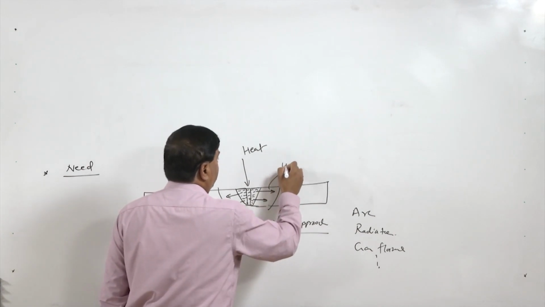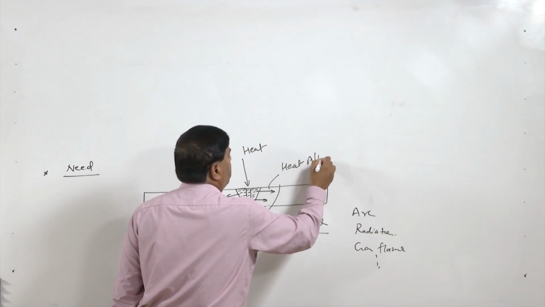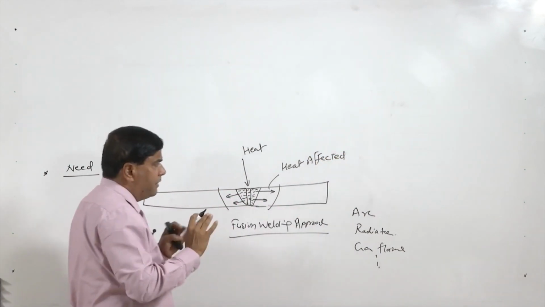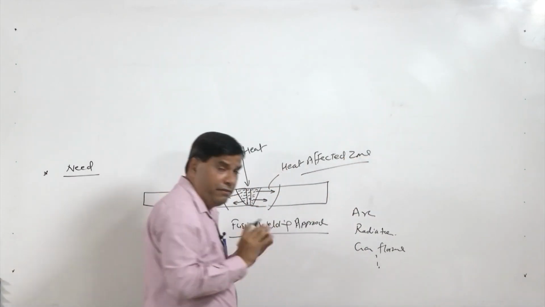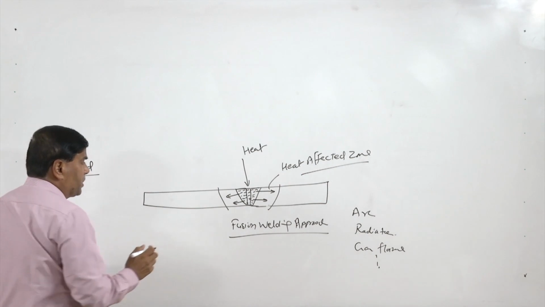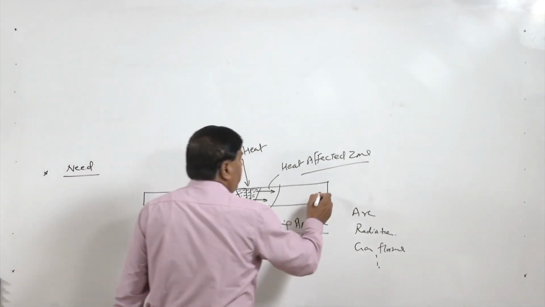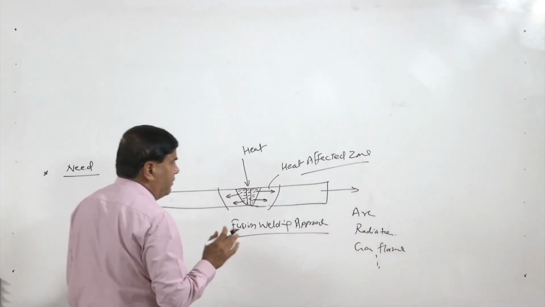So, the heat affected zone formed in the base metal due to the delivery of a lot of heat, especially deteriorates the mechanical performance, corrosion performance of the weld joint.